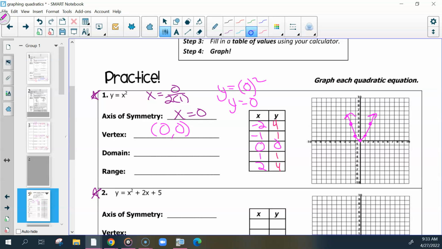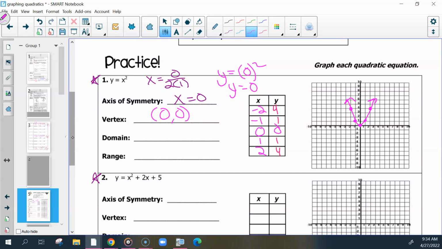So domain is all of your X values. If we're looking at all of our X values, and remember this has arrows, it keeps going up to the left and to the right. What would your domain be? All real numbers, negative infinity to positive infinity. I'm going to write this both ways, set builder and interval notation. You don't have to write both. Pick one.